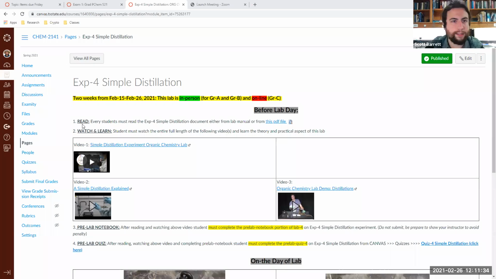And let's go ahead and open up the module here. One moment. Okay, so firstly, today we're going to read through the simple distillation manual here.